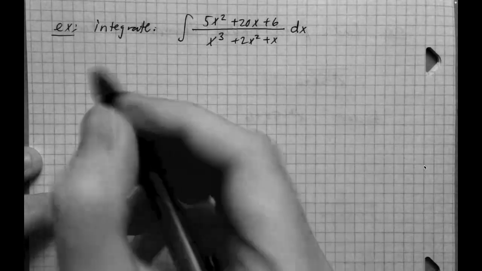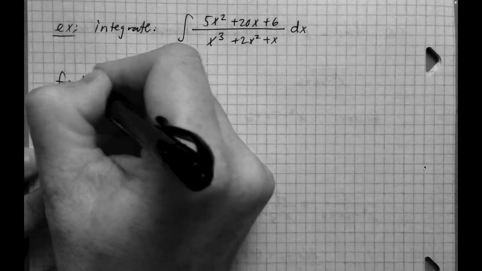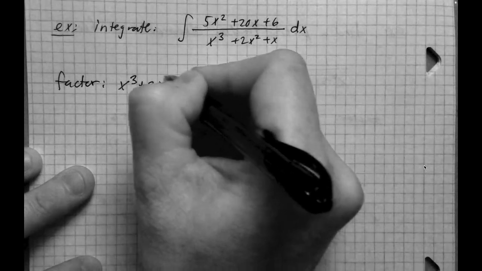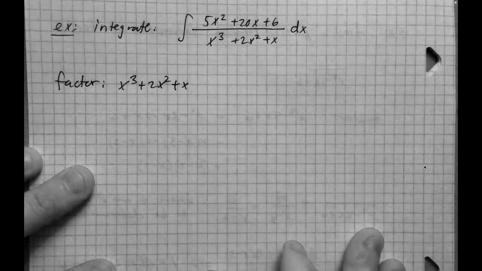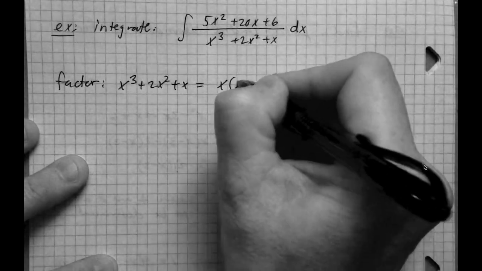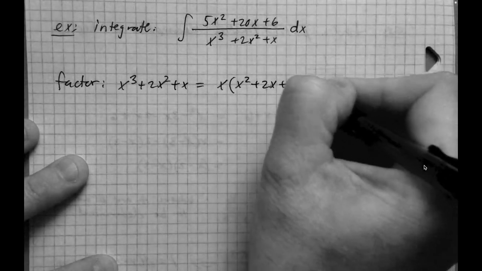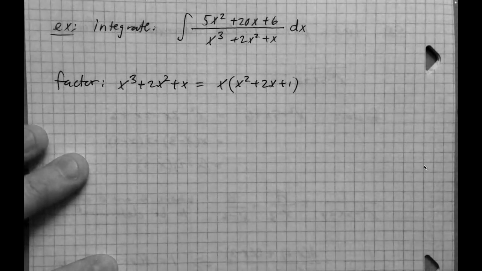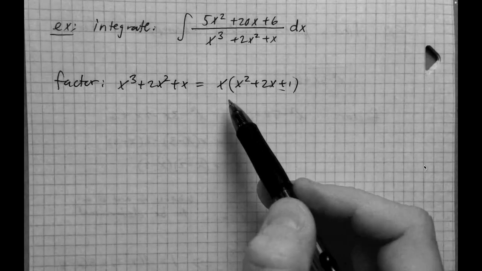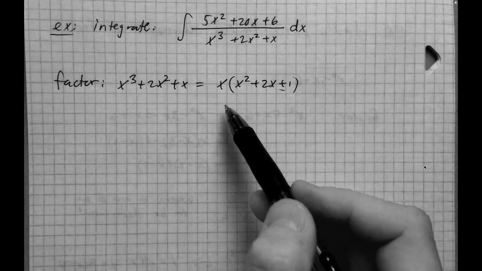Let's factor x cubed plus 2x squared plus x. Okay, so we can pull out an x right away. So we get x times x squared plus 2x plus 1. And this middle one is actually the square of x plus 1.